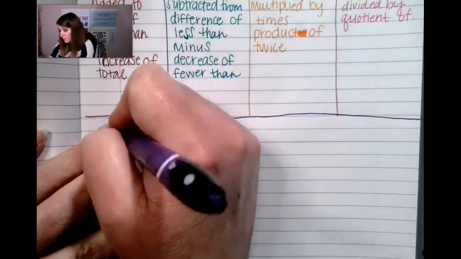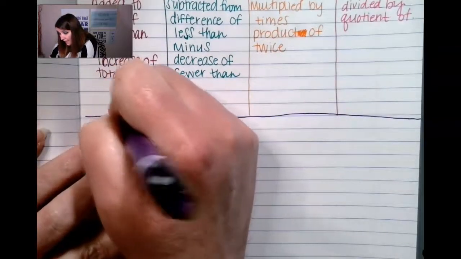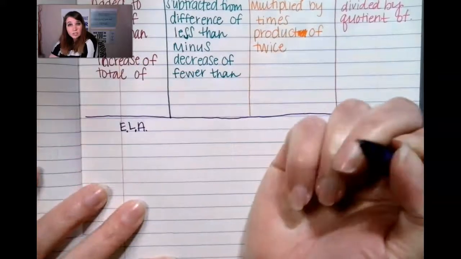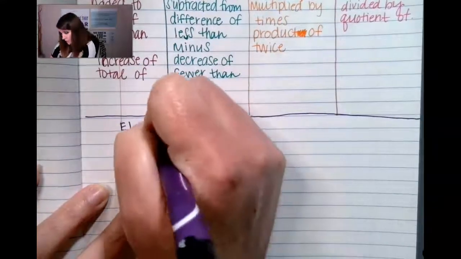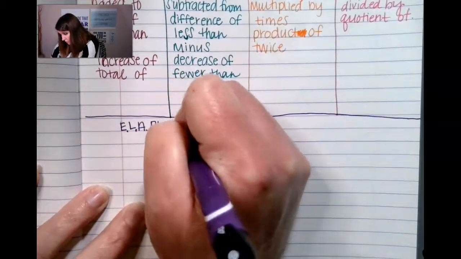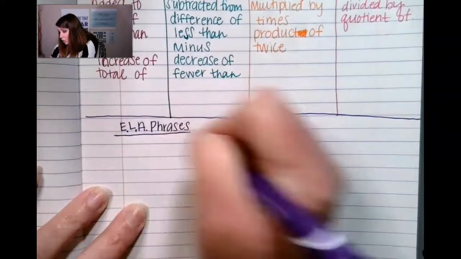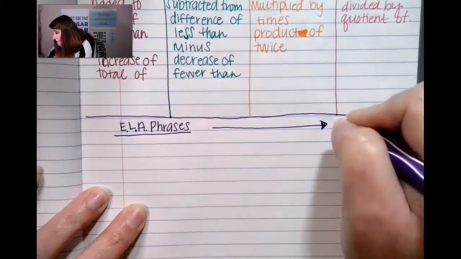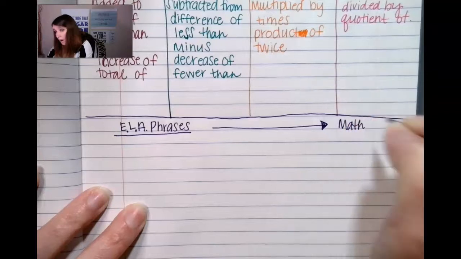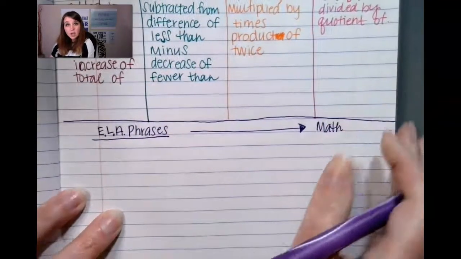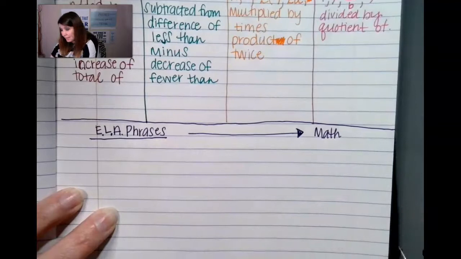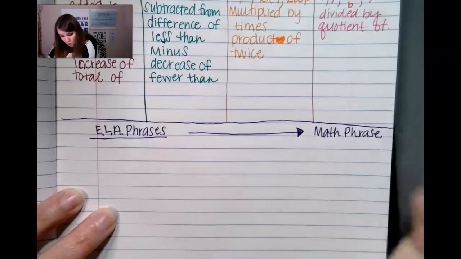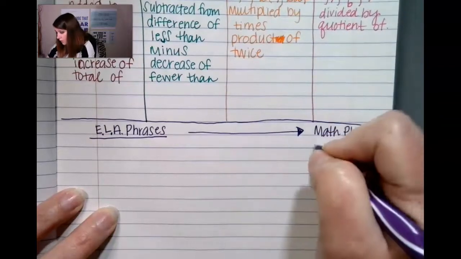So we are going to be taking English language arts phrases, and we have to turn them into a math phrase or a math expression. We're not solving anything, but you have to make it a math phrase or a numerical expression.